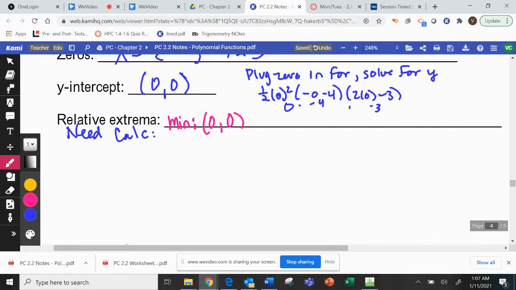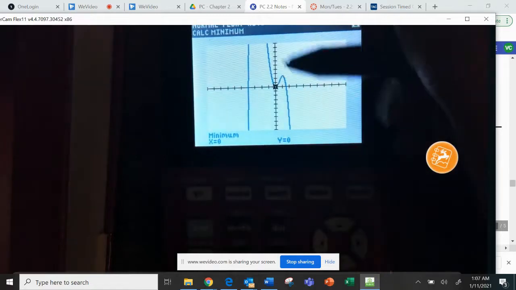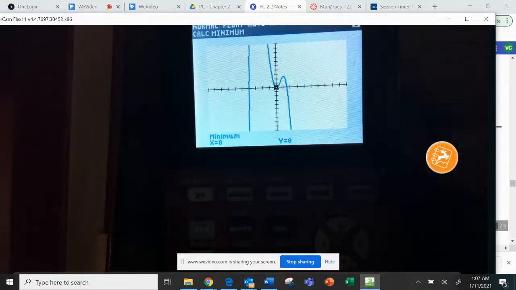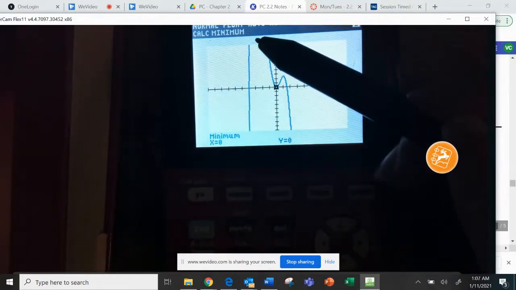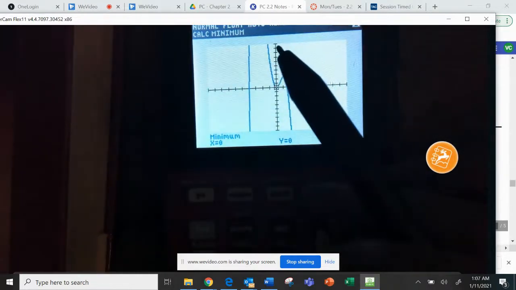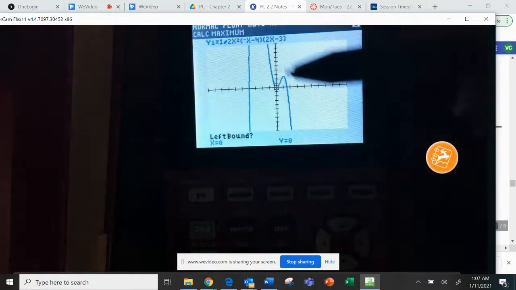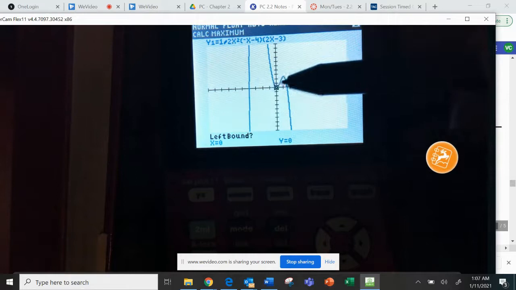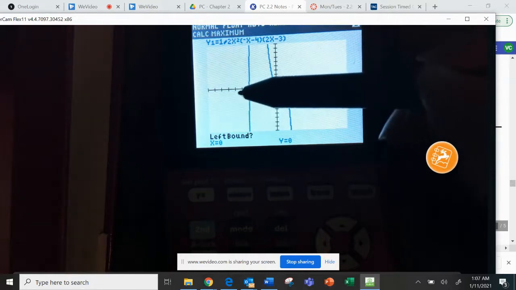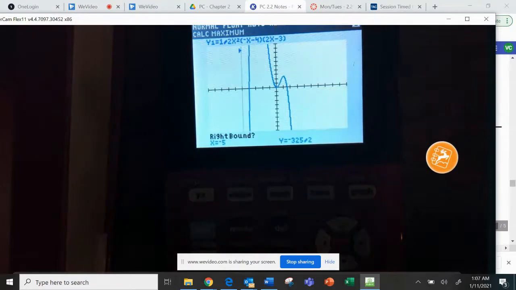Okay, the other two on the graph have got to be maximums. This one up here and that one way up there. So let's try to do that maximum without changing the graph. Second trace, maximum, number 4. I'm not sure exactly where it is, but I need something to the left of it. Well, I know -5 is definitely to the left of it, so I'm going to type in -5, enter.